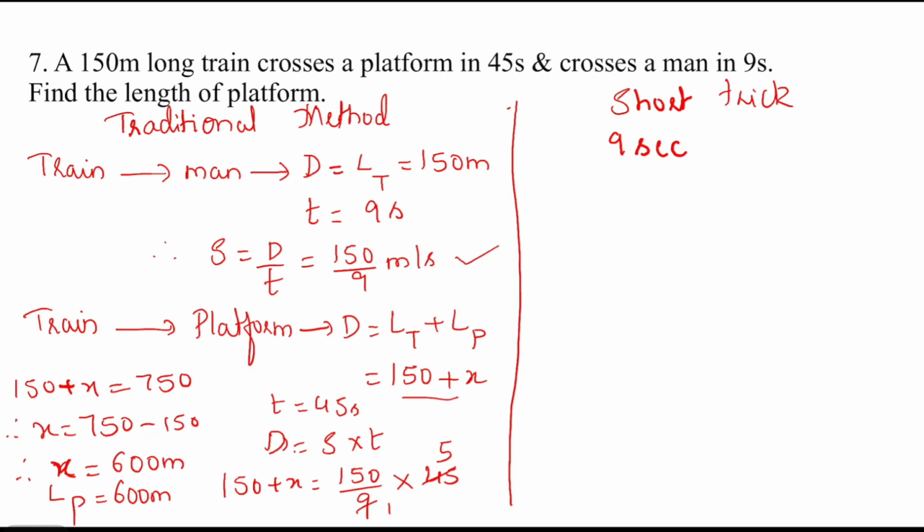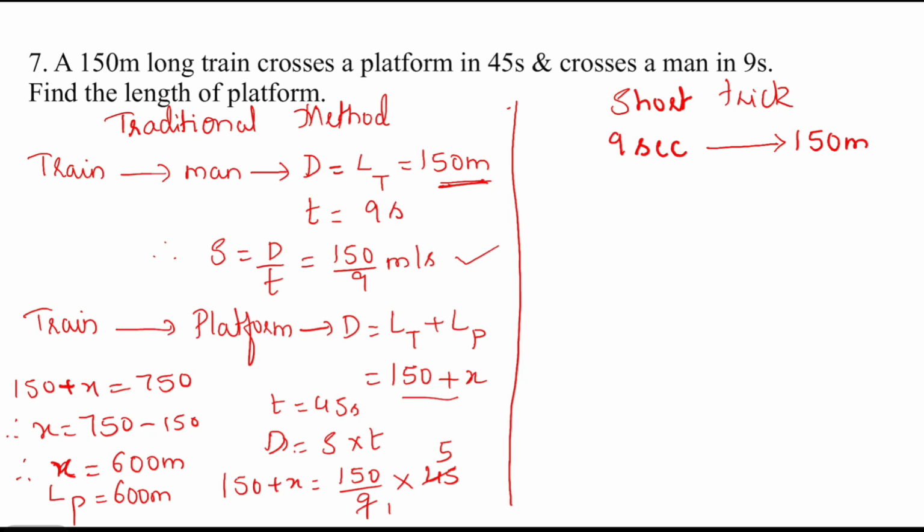To cross a man, the distance is 150 meters, and it is taking 9 seconds. So only the length of the train is considered as the distance.